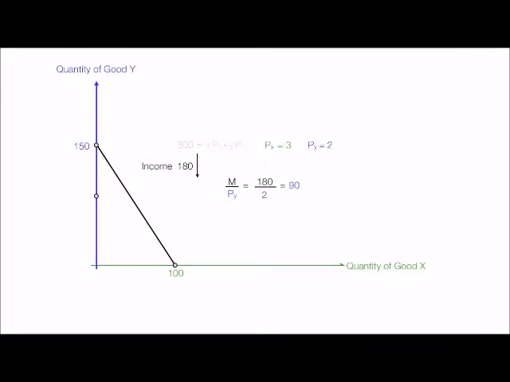So now the consumer can only consume 90 units of good Y. If I want to know the quantity of good X consumed, I take 180 divided by the price of X, which is equal to 60. So now the consumer at a lower income can consume 60 of good X, or that point right there. As income goes down, the budget line shifts in, like that. And it's parallel to the old budget line, by the way.